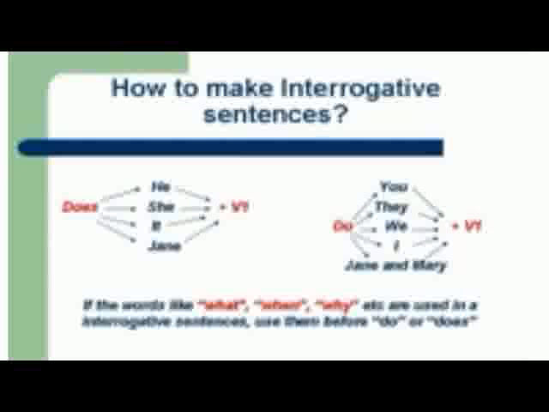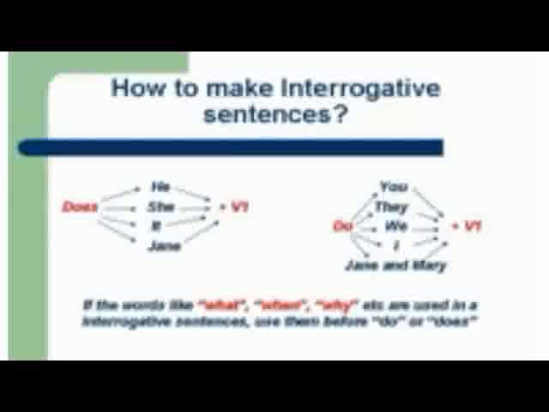Now how to make interrogative sentences? While making interrogative sentences in present indefinite tense, we will put does at the start of the sentence, then a pronoun, and then the first form of verb.